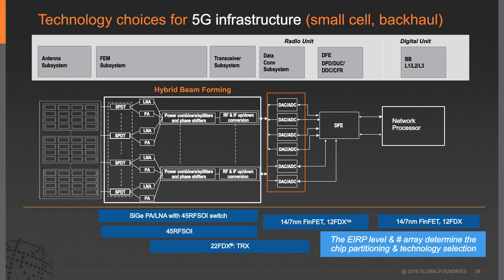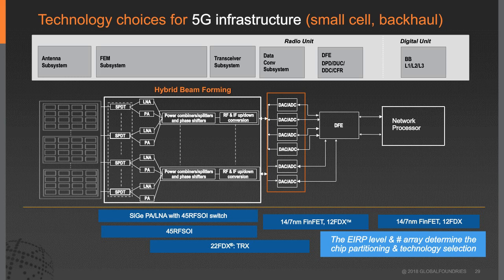You can use 45 RF SOI, or you can use silicon germanium PA, LNA with a 45 RF SOI switch. You can use 22 FDX transceiver, and then for the baseband you can use 14/7 nanometer FinFET or 12 FDX technology. Again, the choice will depend on your system requirements, your array size, your effective isotropic radiated power, and your chip partitioning and technology selection. Those are some of the key parameters.